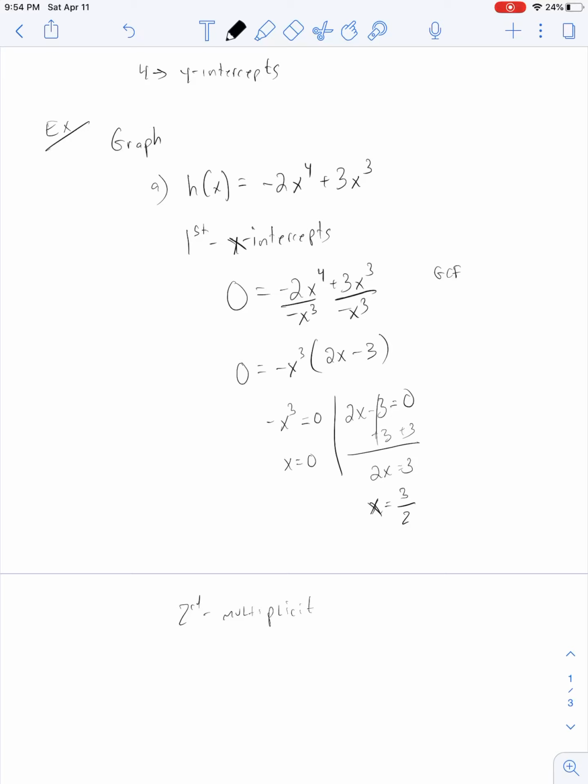Second, the multiplicity. So for x equals 0, we see that it comes from an x to the power of 3.